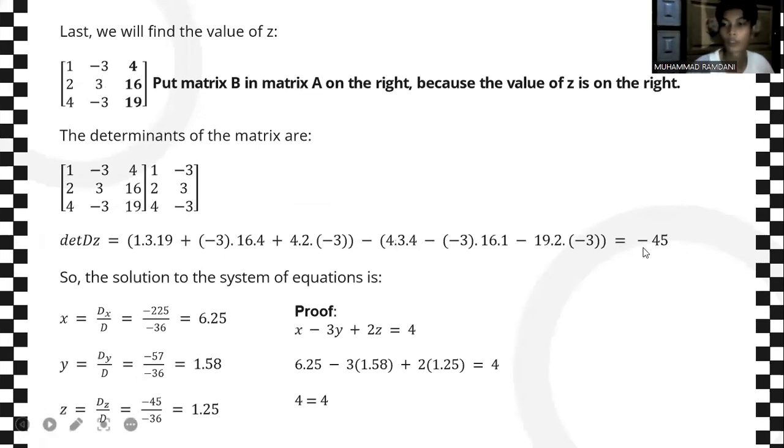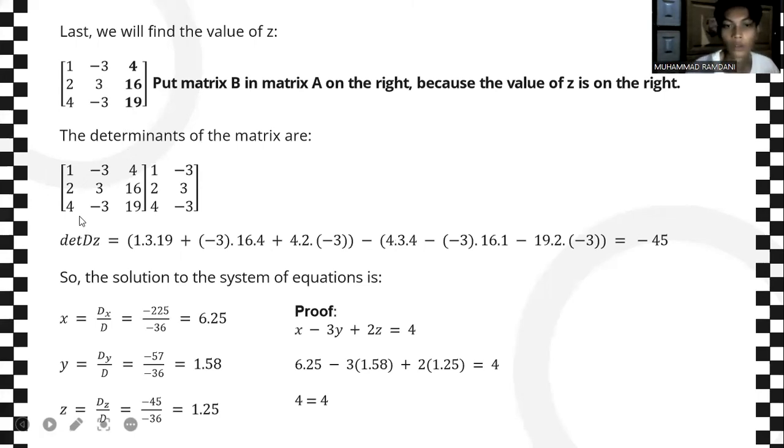And the last one is the determinant of the z variable. Our method is the same, but for z we put the B matrix in the right column of matrix A. So now we have 1, minus 3, 4, 2, 3, 16, 4, minus 3, and 19.